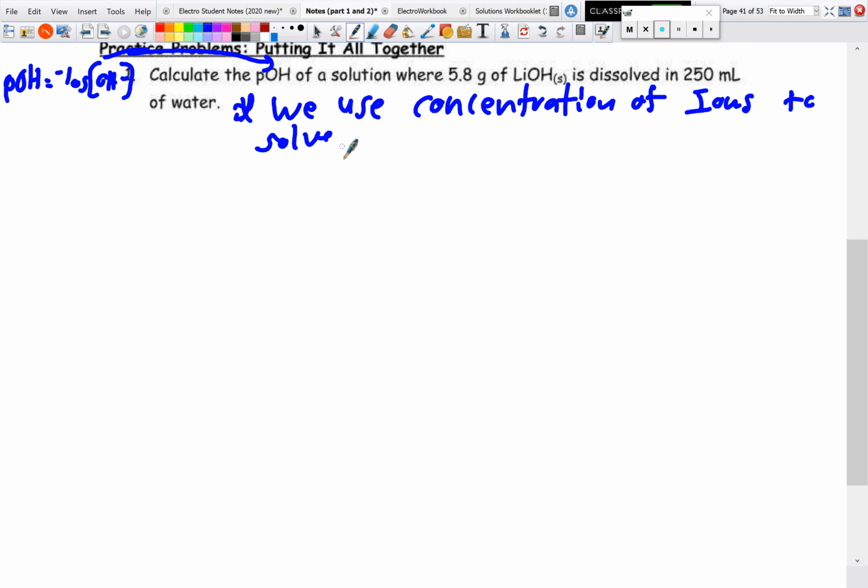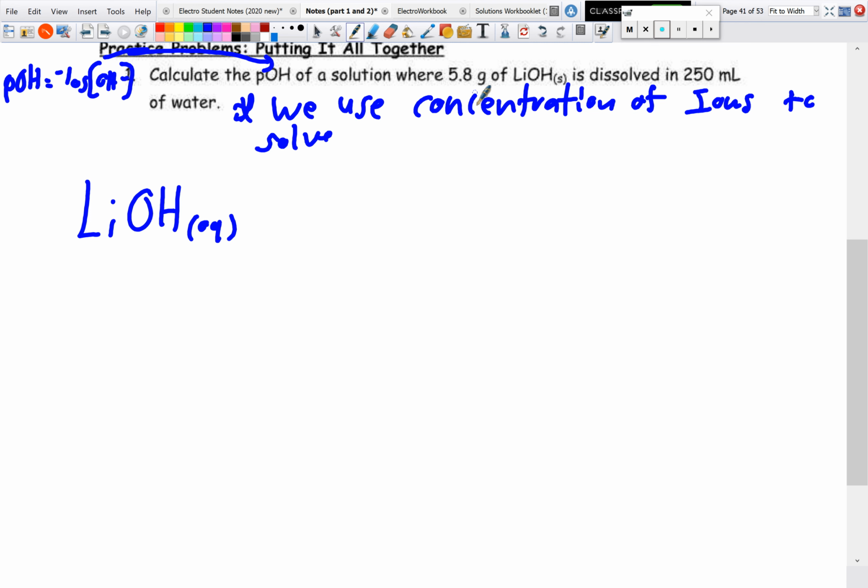So our first step, of course, for concentration of ions, we need to write out the dissociation equation so we can get all the molar coefficients. So we have lithium hydroxide. Now I'm writing AQ because if you check the back of your workbook, you'll know it is aqueous. But the reason why it is a solid right here is because we're initially weighing 5.8 grams.